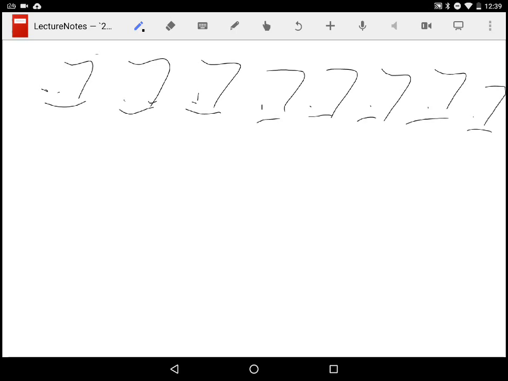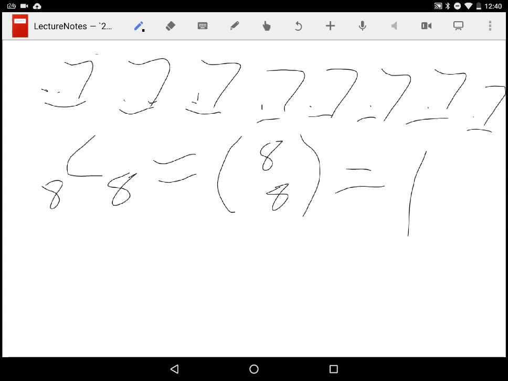So in this case, there's only one way to arrange it. You have to choose all 8. If you choose a number of free throws out of 8, you have to choose all 8, and there's only one way to choose all 8, one permutation. So that's 8 choose 8, and that equals 1.